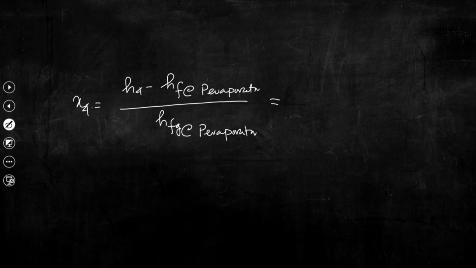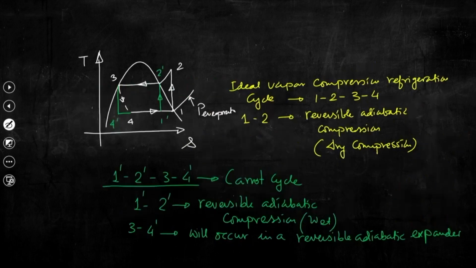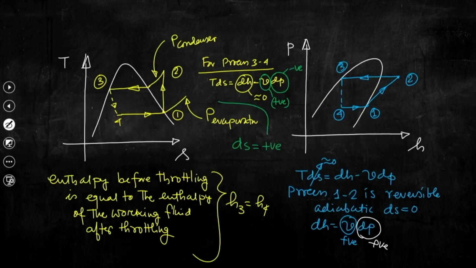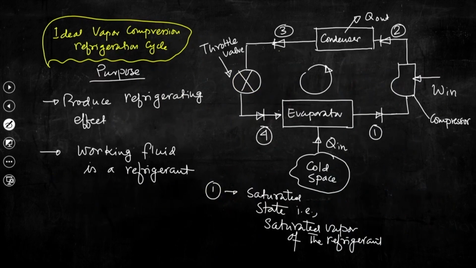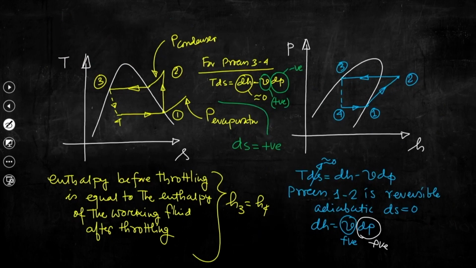What about H4? Because we have discussed that H4 equal to H3, that is enthalpy of the working fluid after throttling is equal to enthalpy of the working fluid before throttling. And what about H3?